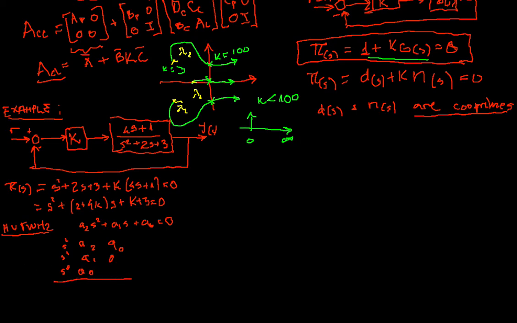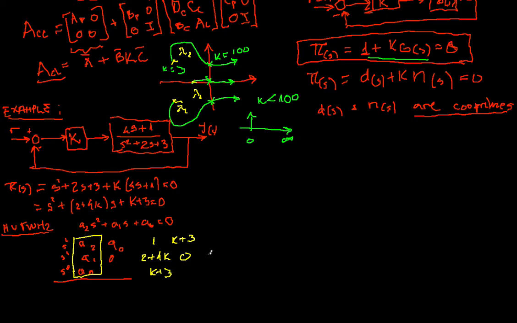Okay, so these terms should not have a change of sign. And given that, for this case the Hurwitz table will be 1, k plus 3, 2 plus 4k, 0, and k plus 3.